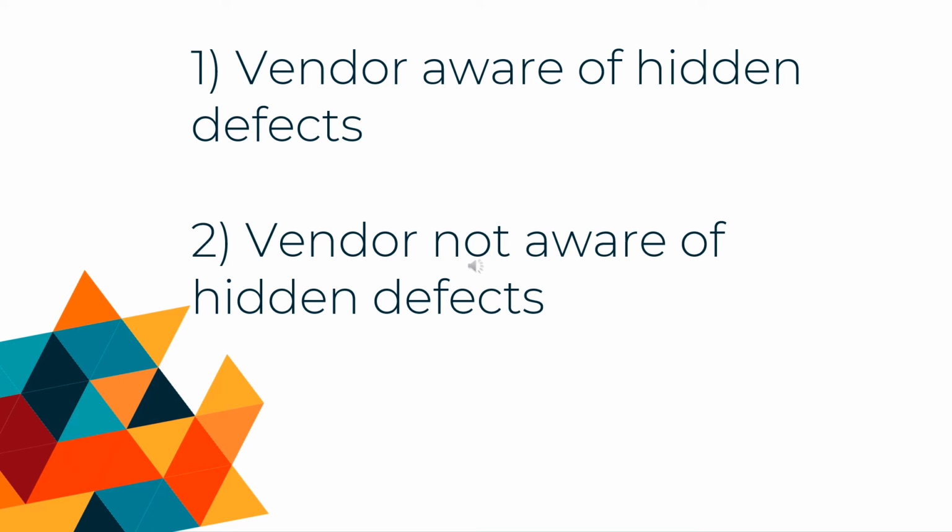Now, the second case is when the vendor does not know. The vendor is fully unaware of any hidden defects or faults. In this case, the vendor is obliged to return the price of the product and the interest, that's the second one, and then of course, the expenses of the contract if already paid by the vendee.